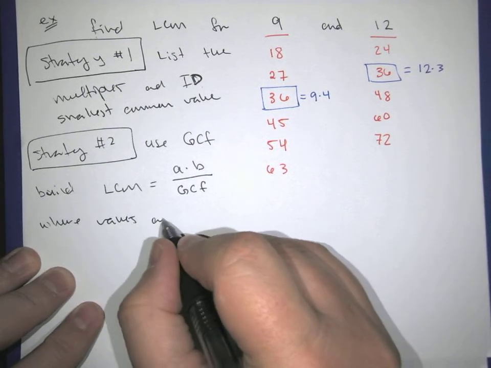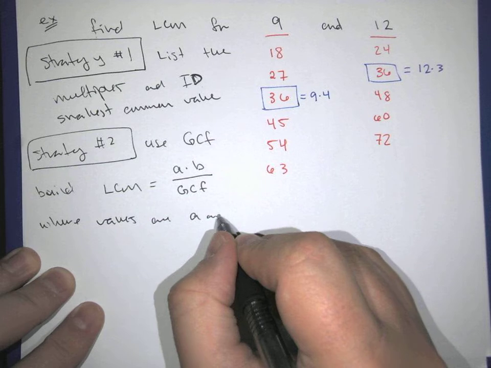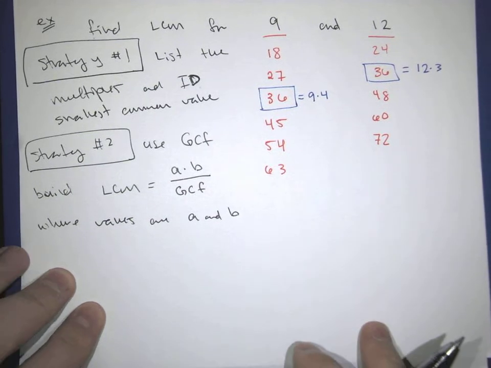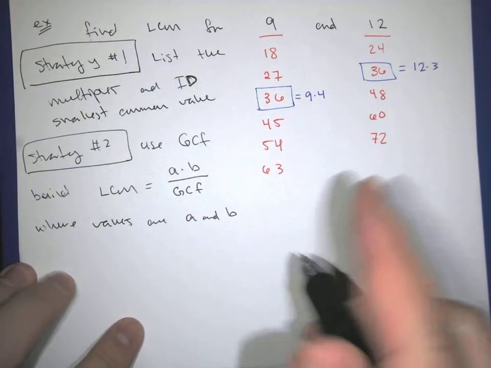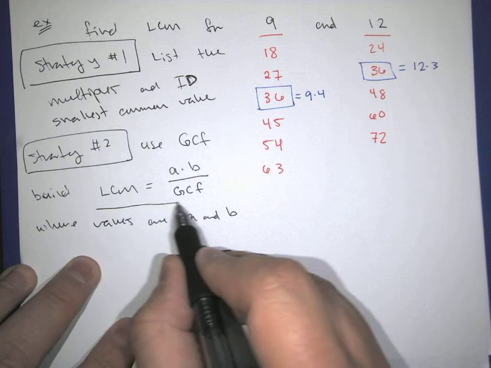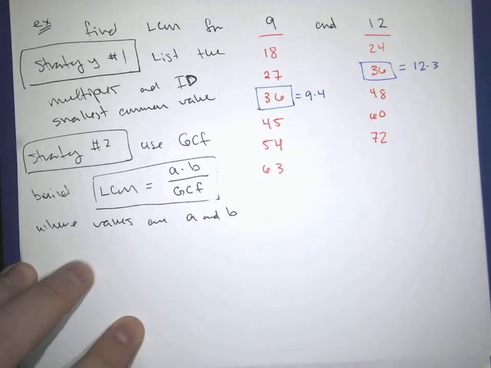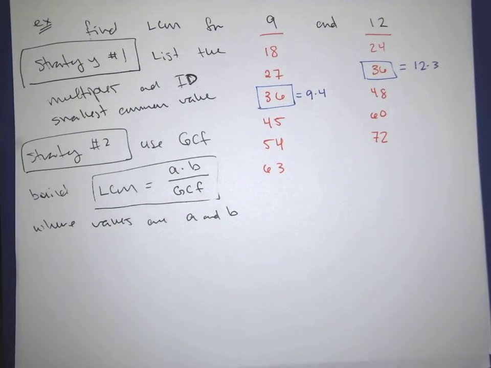The numbers that we're starting with are A and B. So there is a formula here that we can get an LCM from. The LCM would just be the product of the two numbers divided by the GCF. The GCF itself is how much overlap there is between the two numbers. So you take the product of the two numbers and then you divide away the overlap. And that gets us directly to the LCM.